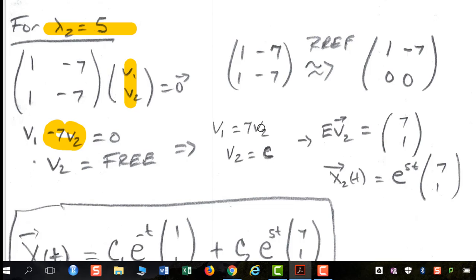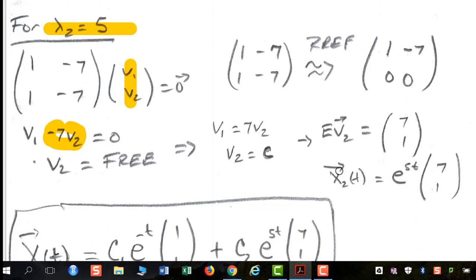So v1 equals 7c, and v2 equals c. I chose c to be equal to 1. I could choose other numbers, but I chose 1, and then I get eigenvector 2 is equal to 7, 1.